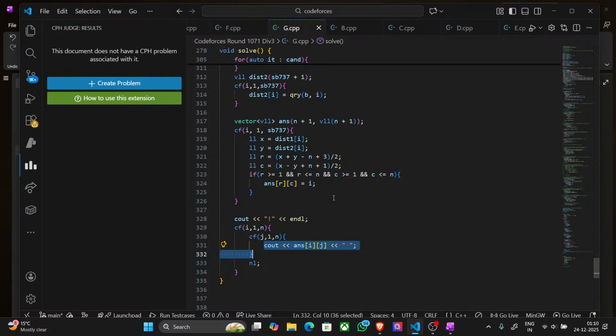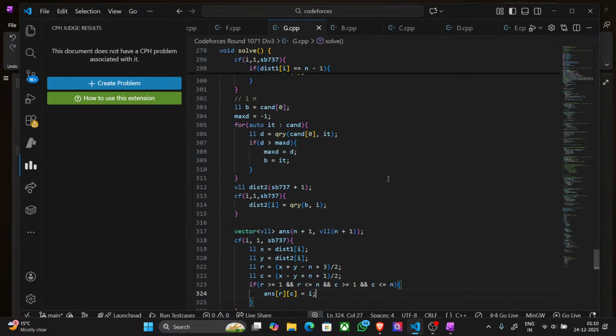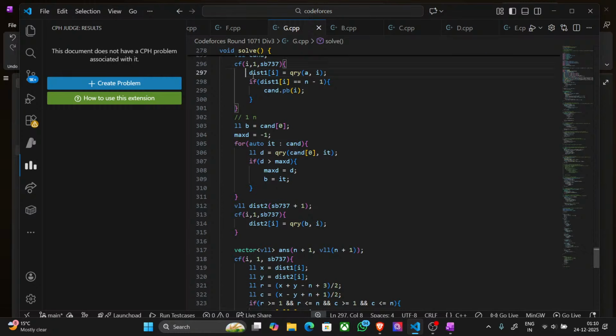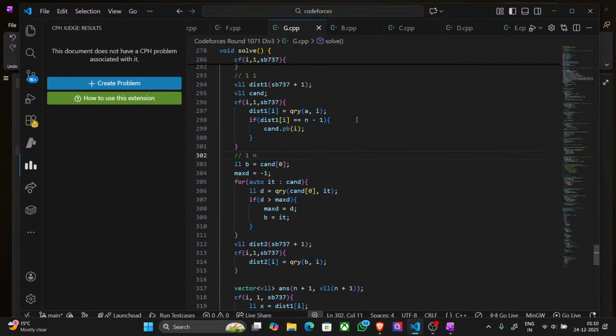Any issue or any logic which is not clear? For candidates, I have collected all those elements which have a distance of n minus 1 from 1 1.